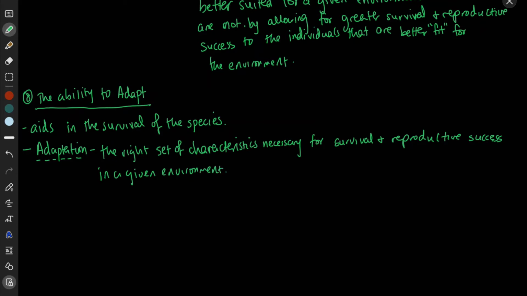So that's what an adaptation is. Now, the ability to adapt also goes hand in hand with evolution, because evolution through natural selection gives rise to individuals that are better fit for an environment over those that are not. And this ability to be fit for an environment is based on whether or not the individual has the right set of adaptations necessary for survival and reproductive success in a given environment.